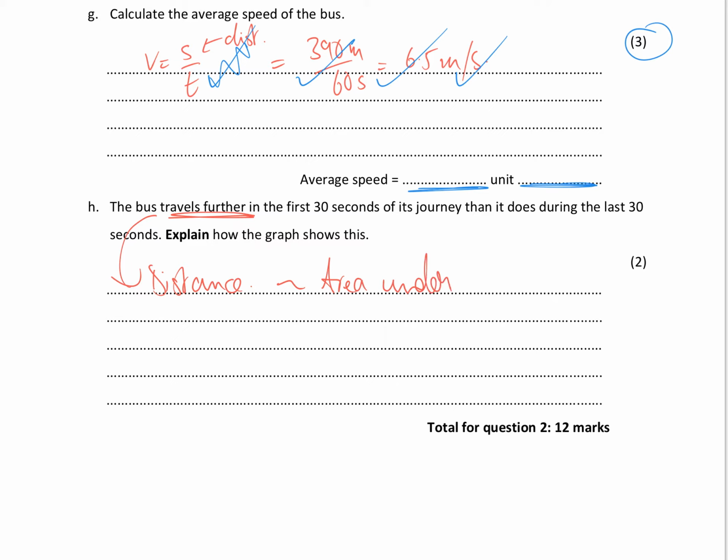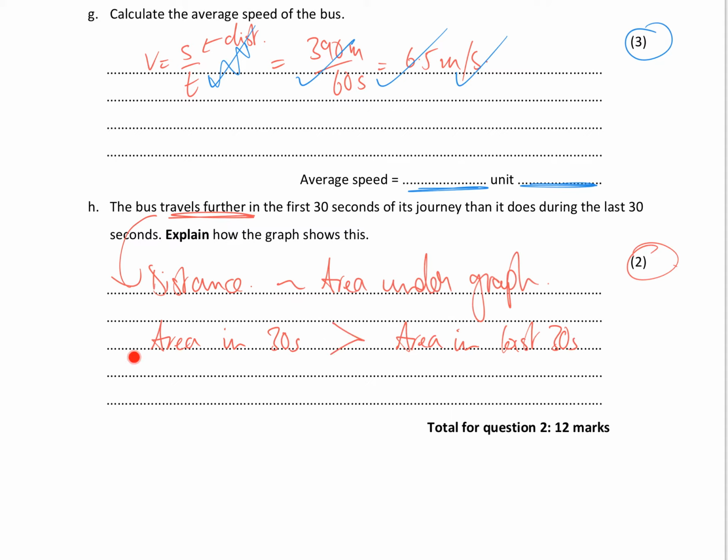And distance is going to be the same as area under the graph. So with that knowledge in mind, what you're going to do is measure the area in the first 30 seconds and the area in the last 30, and then you're going to notice that that is greater than the other one.